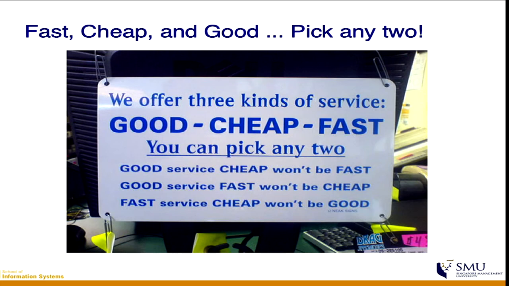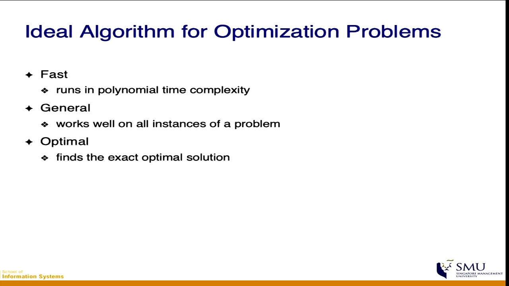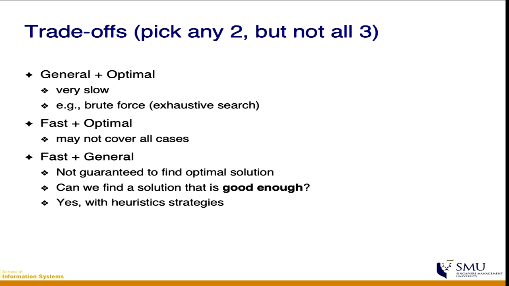If you want fast and cheap, it won't be good. So you have to pick 2 out of 3. Earlier, we defined 3 criteria, and it's the same case here. We want to find a solution that is fast, general, and optimal, but we can't get all 3, so you're going to pick 2. What does it mean to pick 2? It depends on what trade-off you are willing to make.